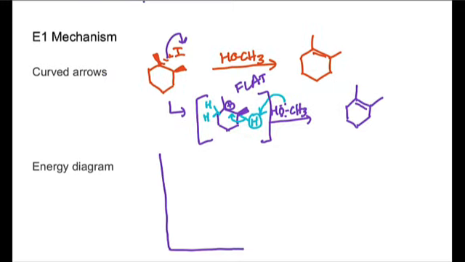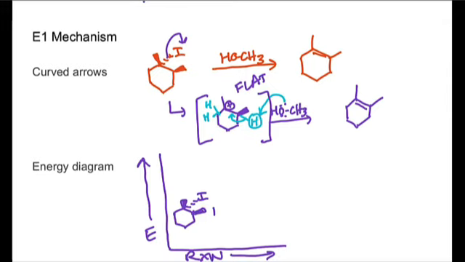Okay, so let's give ourselves some room here to draw the energy diagram curve. Reaction progress along the x-axis, increasing energy along the y. And we've got the starting material, which just looks like this. It's an alkyl halide, and it has some sort of energy. We'll just say it starts at this energy.